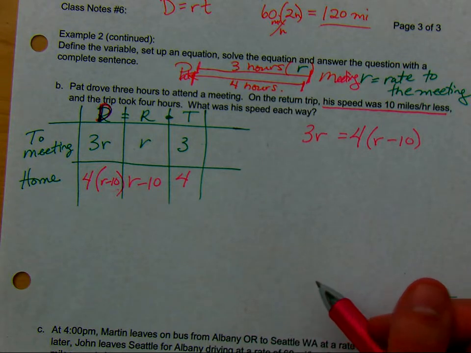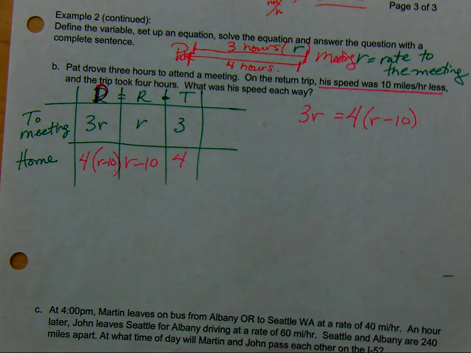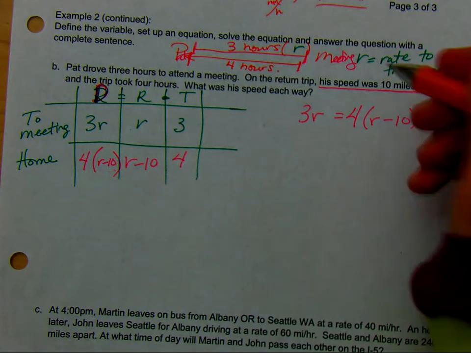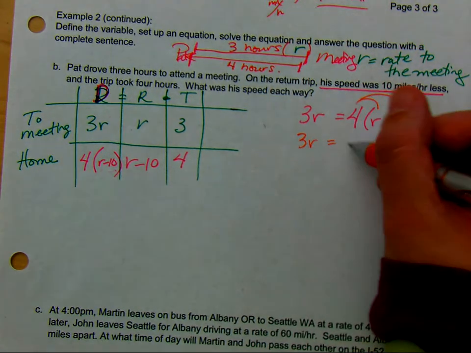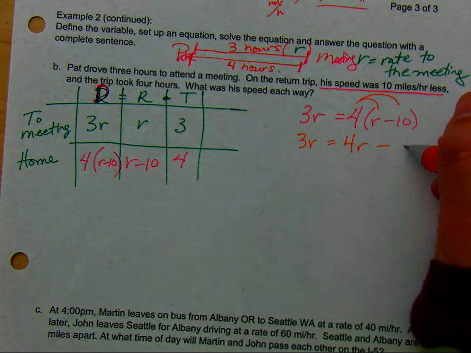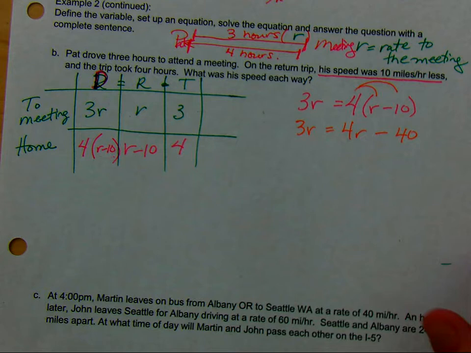Well, we're going to try another one that's quite similar, okay? So now that we have it set up, we could solve it, right? So what would you do to solve this? Distribute the 4, so we have 3R equals 4R minus what? 40. And what would you do next to solve for R?